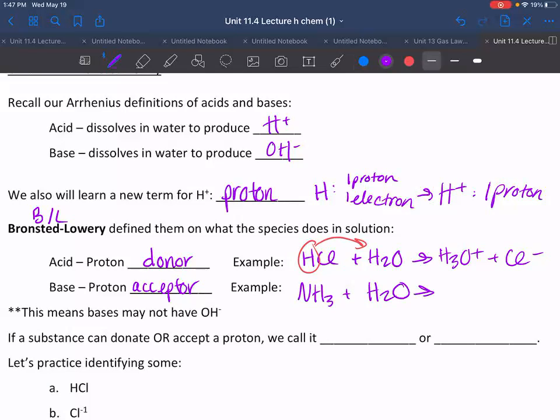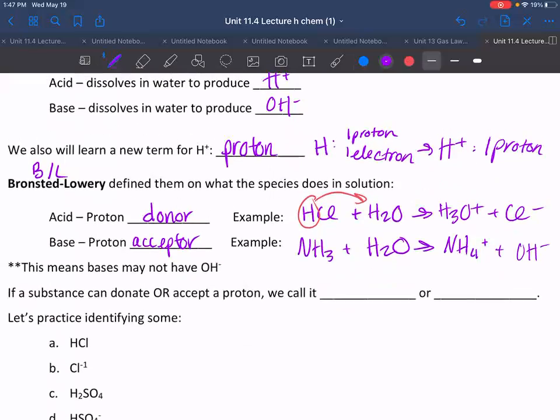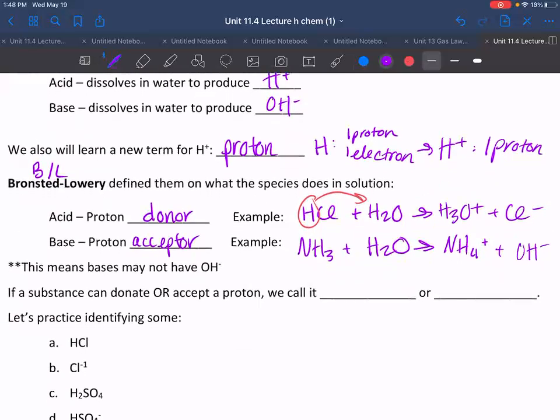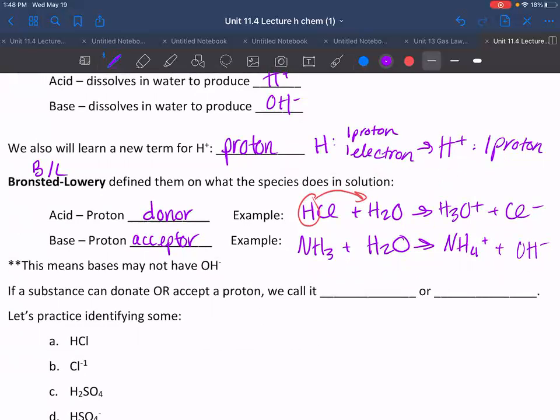The reason is it doesn't have an OH and it's not negatively charged, but it can still form ammonium. You should have seen this ion before from your Table E and your blue packets when we talked about polyatomic ions. The other thing that's made is hydroxide. The reason it can do this is that NH3 functions very similarly to water, where it creates that coordinate bond.